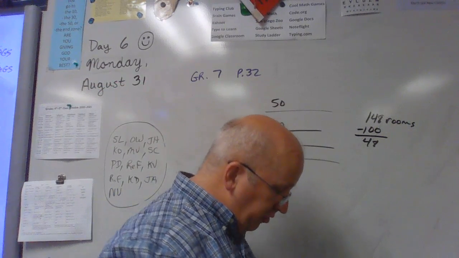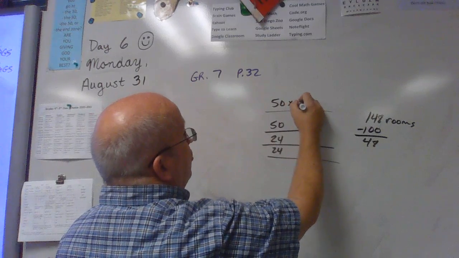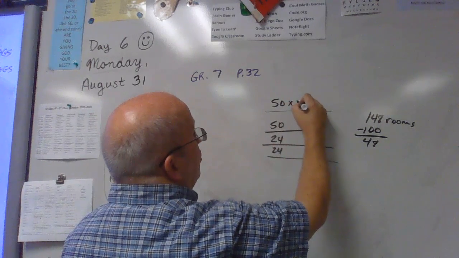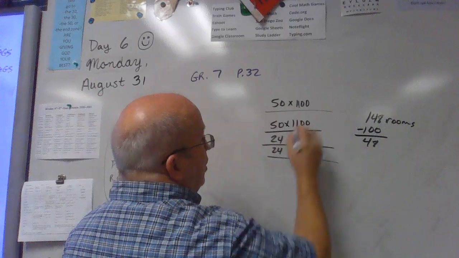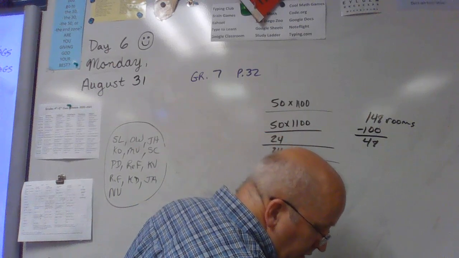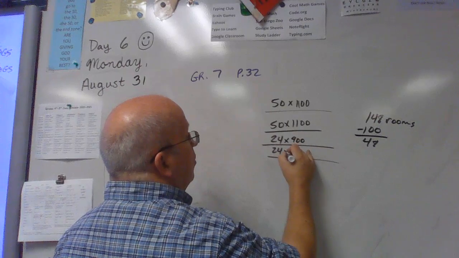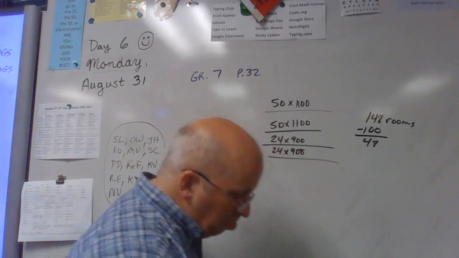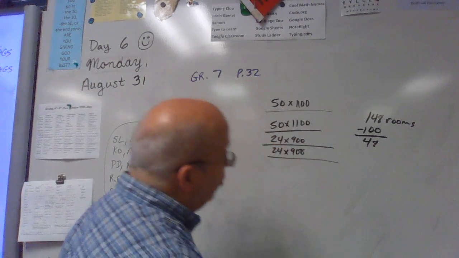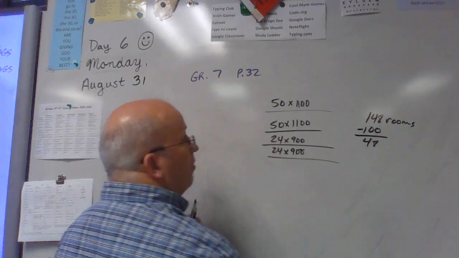In addition, what else do they tell us? They tell us that these rooms cost $1,100 each, each of those rooms, $1,100. And then the rooms down below are $900 each, right? They want the total cost. How are we going to find the total cost?